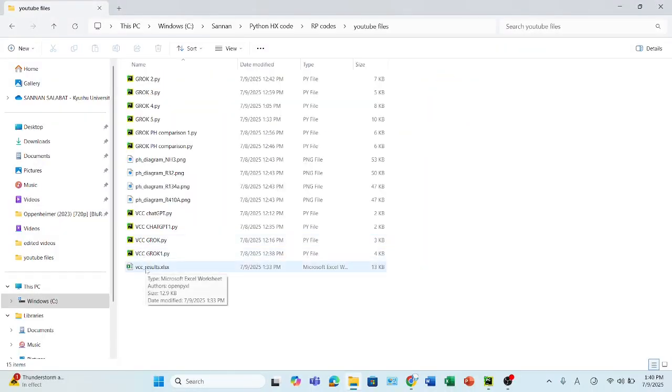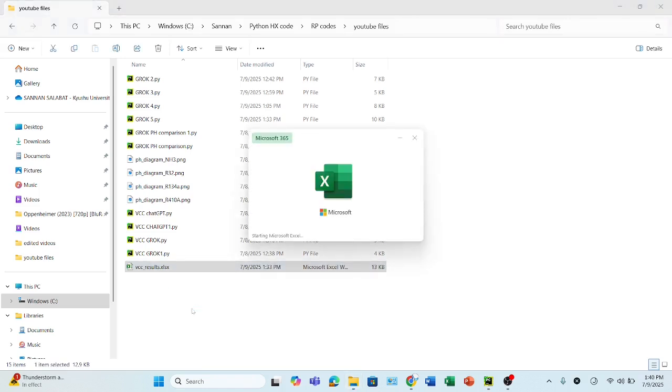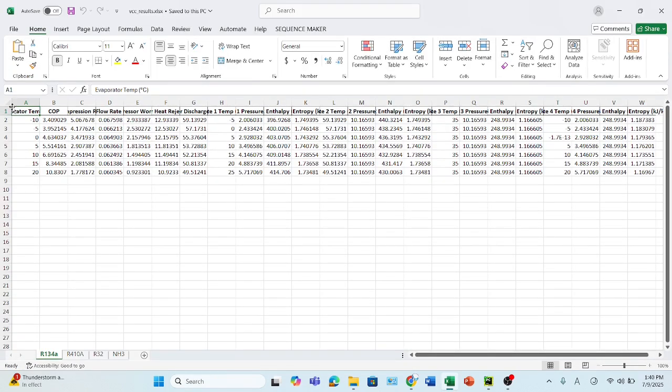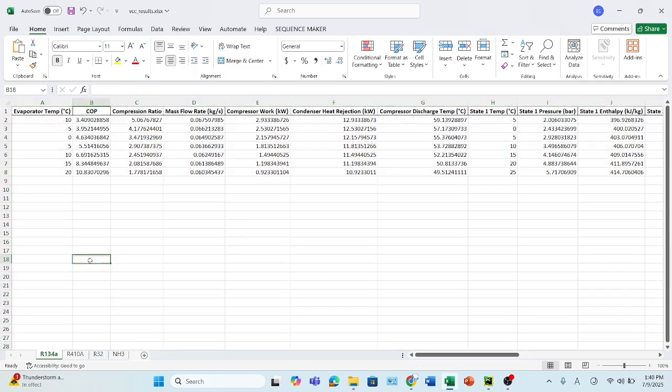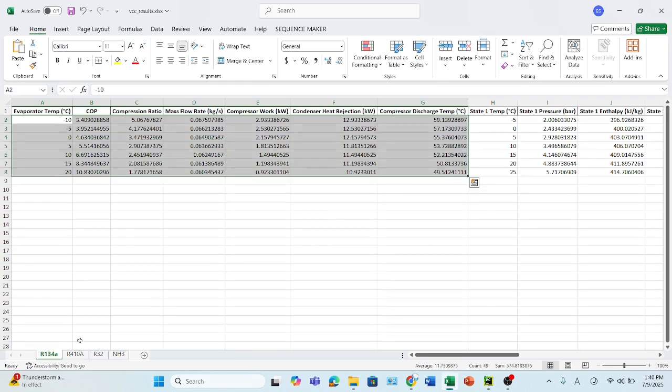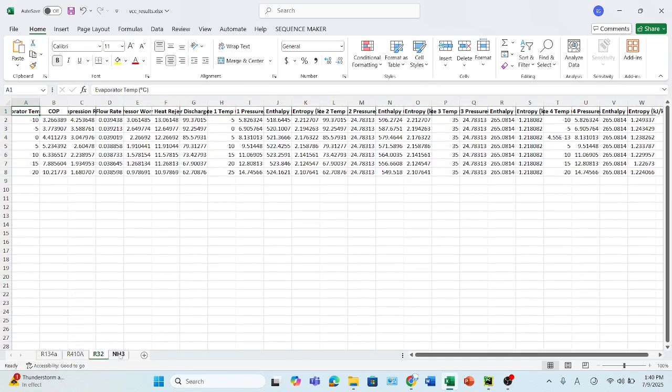So here you can see the Excel sheet, and let's see how it has saved the results in the Excel sheet. So here for our R134A, it has saved all the results: compression ratio, COP, mass flow rate, and compressor work, and also condenser heat rejection, compressor discharge temperatures, and for the different refrigerants, you can see it has saved it right there.